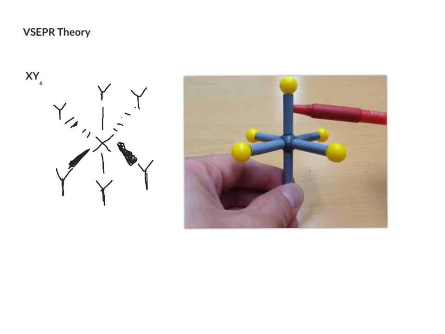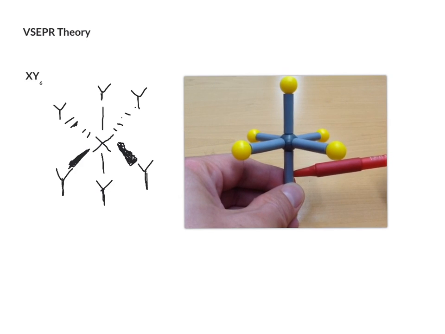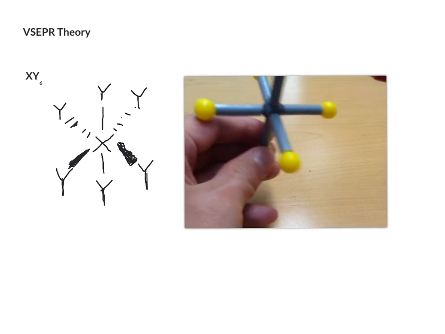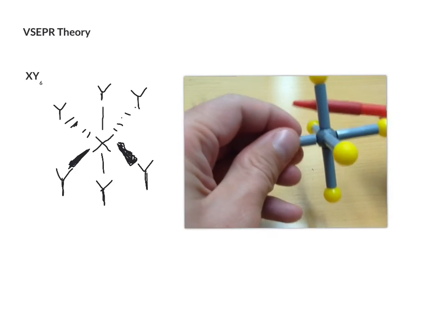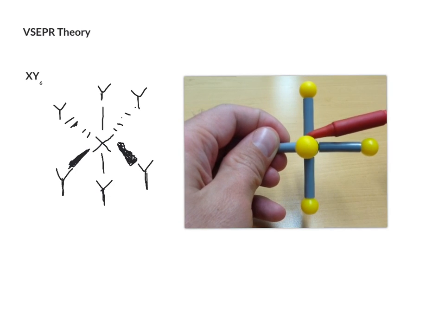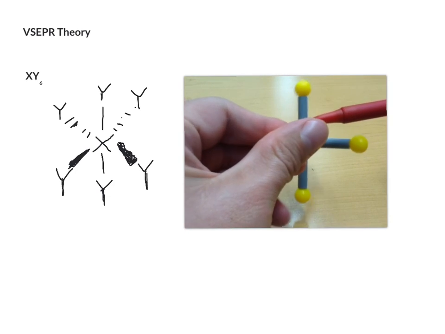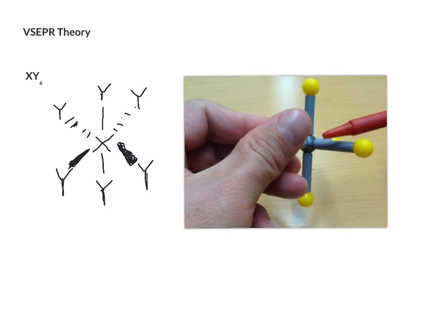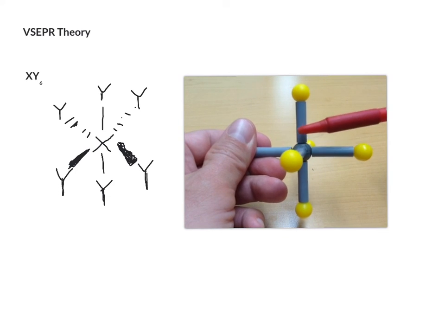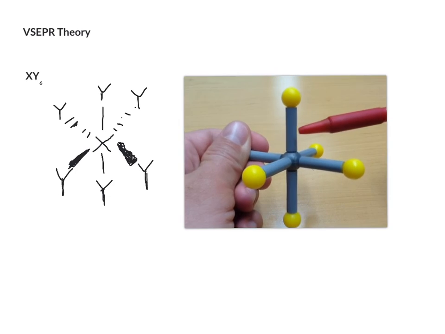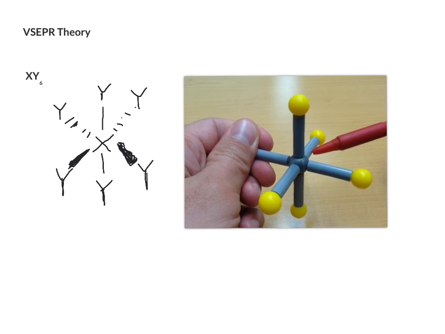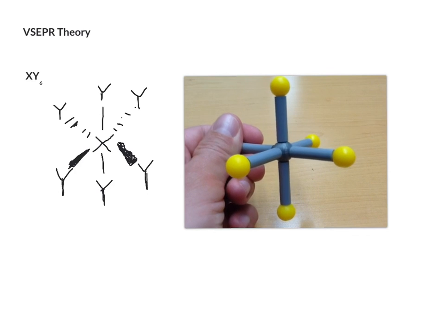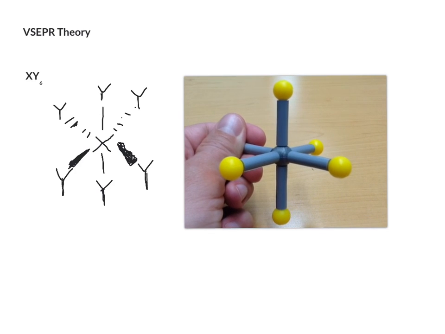These are axial for the way that I'm holding it. But all the bond angles are 90 degrees. I turn and rotate it this way, 90 degrees, 90 degrees, 90 degrees, and so on. So all the angles between each pair of bonds are 90 degrees in the octahedral geometry, the XY6 type.